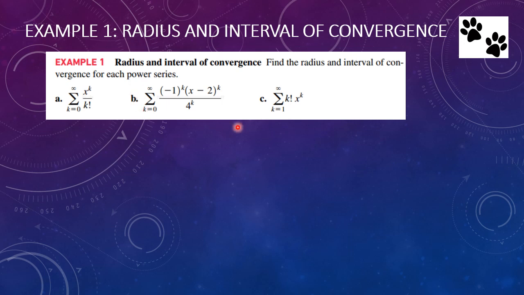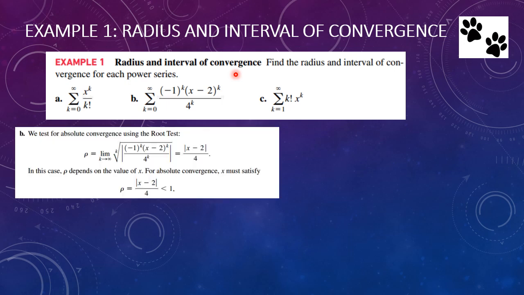Now let's look at part B. The summation from 0 to infinity of negative 1 to the power of k times x minus 2 to the power of k, all over 4 to the power of k. Here we can use the root test.